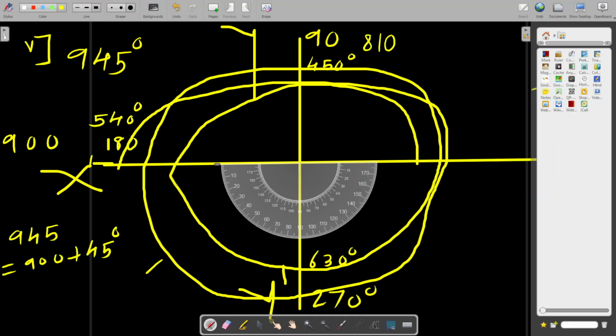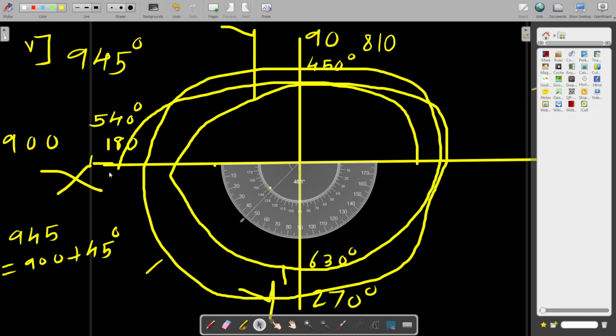So 900 comes here, and from this point I will have to measure how much? 45 degree. So here is 45, near about. This is your 45 degree.